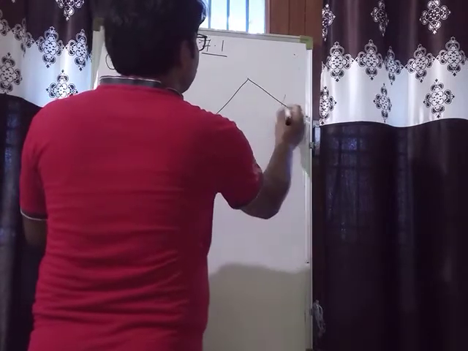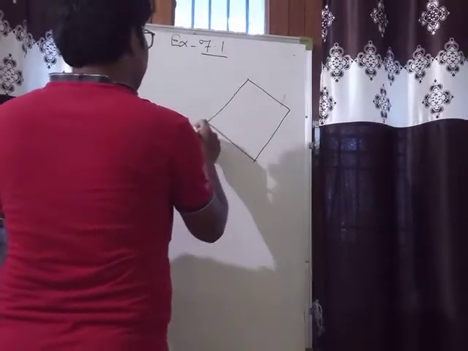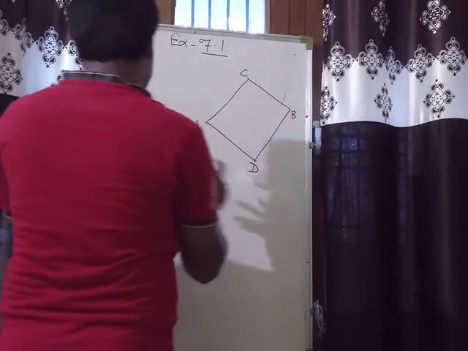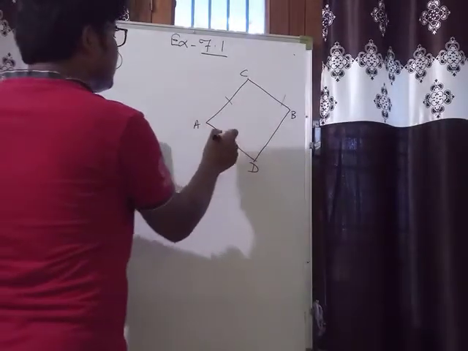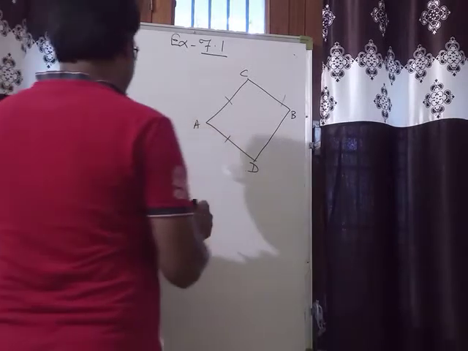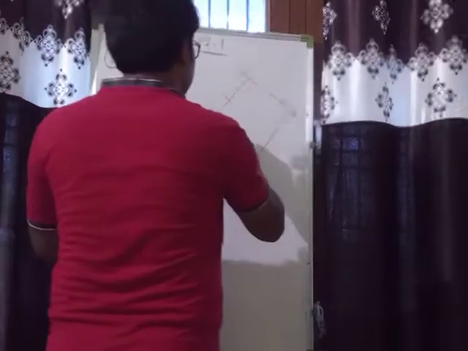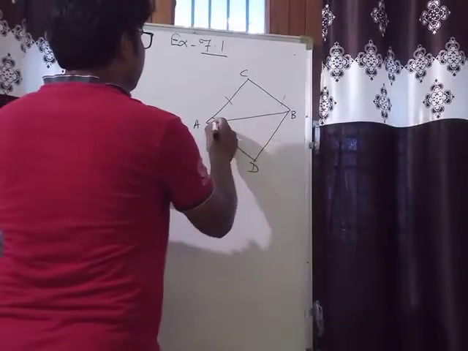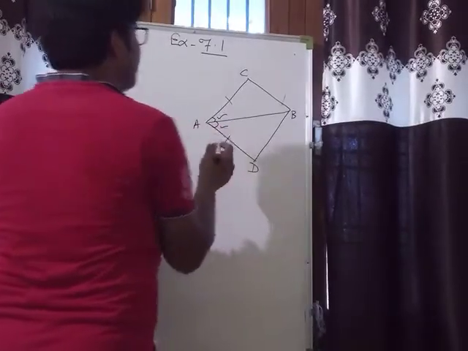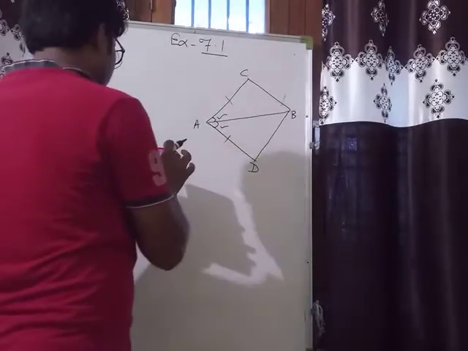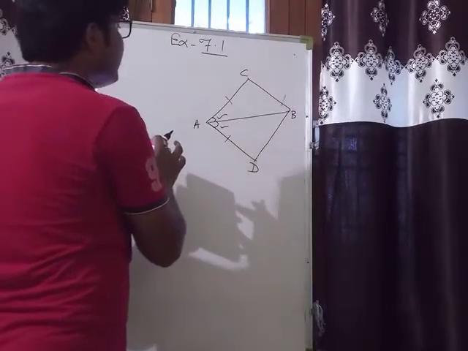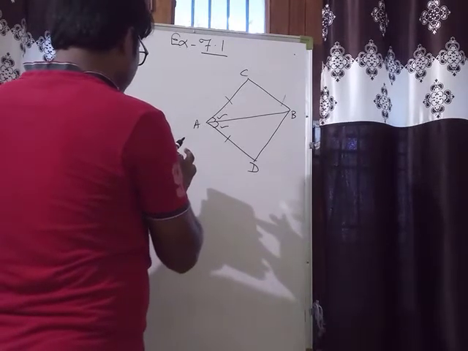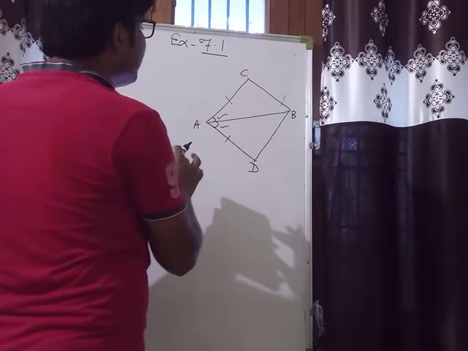This is a quadrilateral ACBD, in which AC is equal to AD and AB bisects angle A. This angle and this angle will be equal because AB bisects angle A. So that triangle ABC is congruent to triangle ABD. And what can you say about BC and BD?